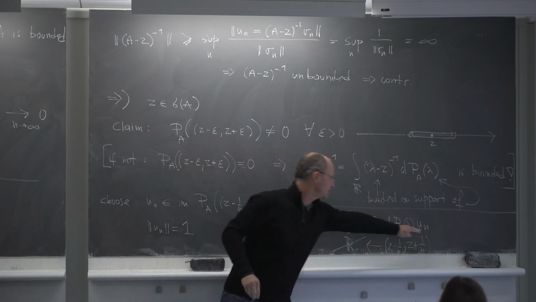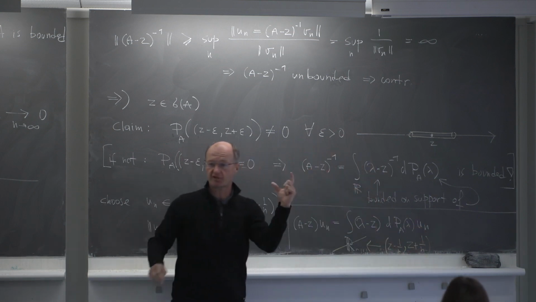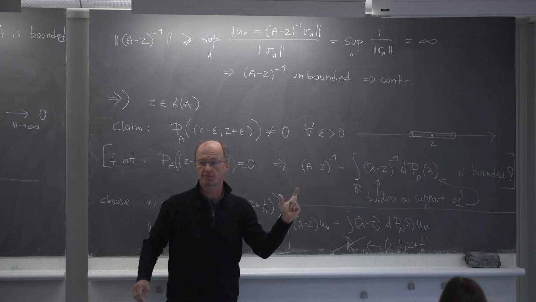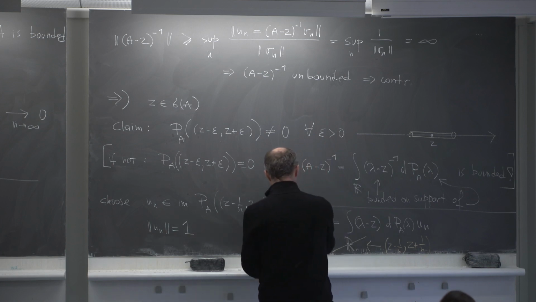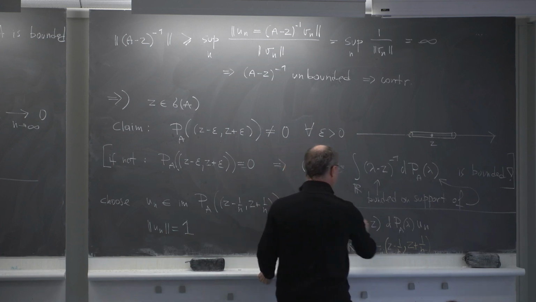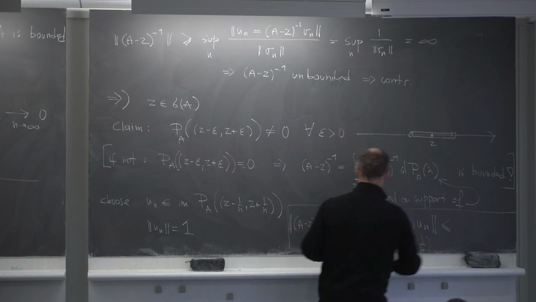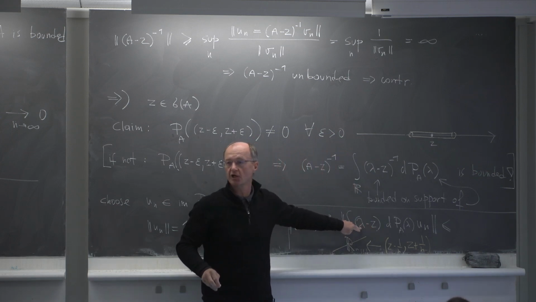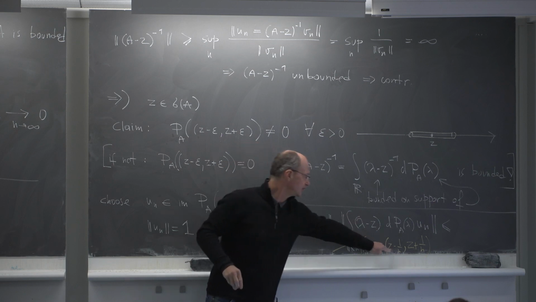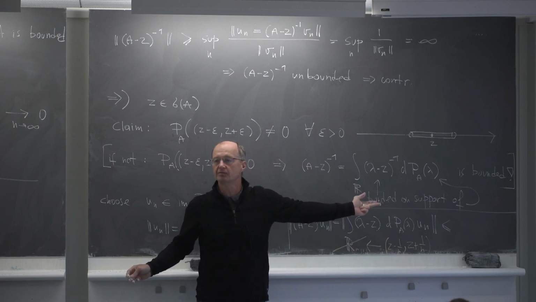That's because this guy is in the image of that spectral projection. But then if I want to estimate the norm, I can now estimate it using this function. The absolute value of this function here is bounded by 1 over n.